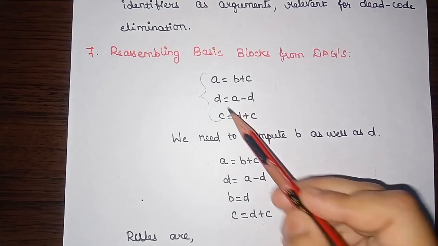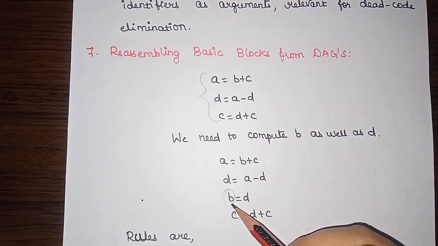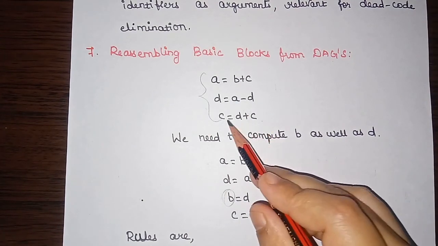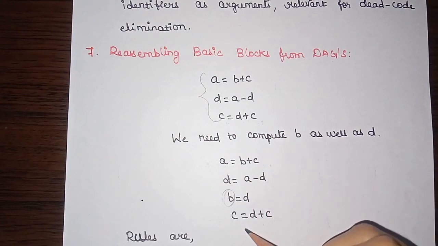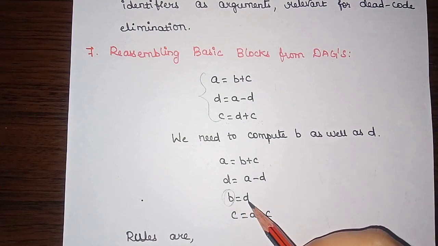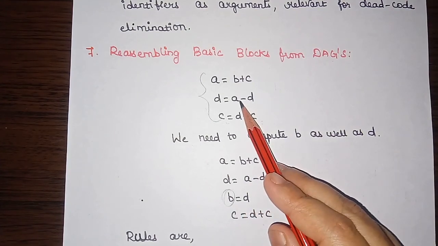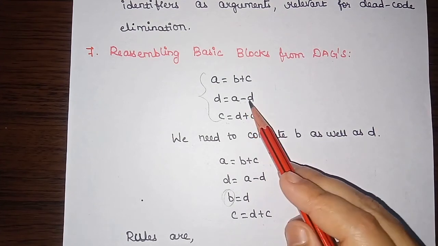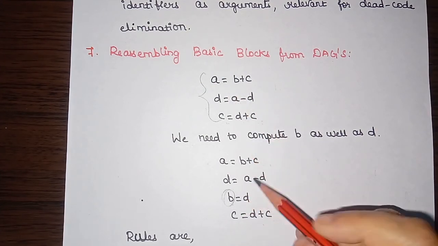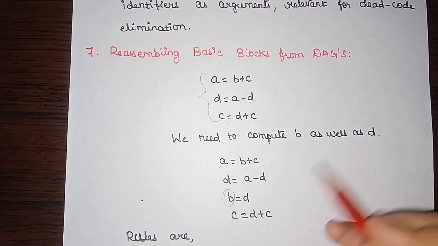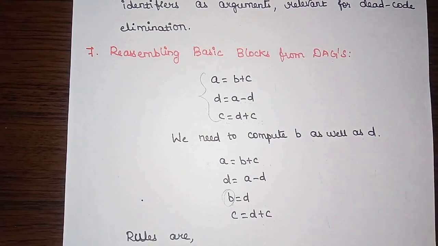Instead of avoiding the computation of B and replacing this B with D in this statement, that is C is equal to D plus C, we need to add B is equal to D. Which means the same evaluation, that is the same result, will be stored in B as well, so that we compute both B as well as D. Why? Because we are not sure whether B and D are live on exit, so we have to compute both B as well as D here.